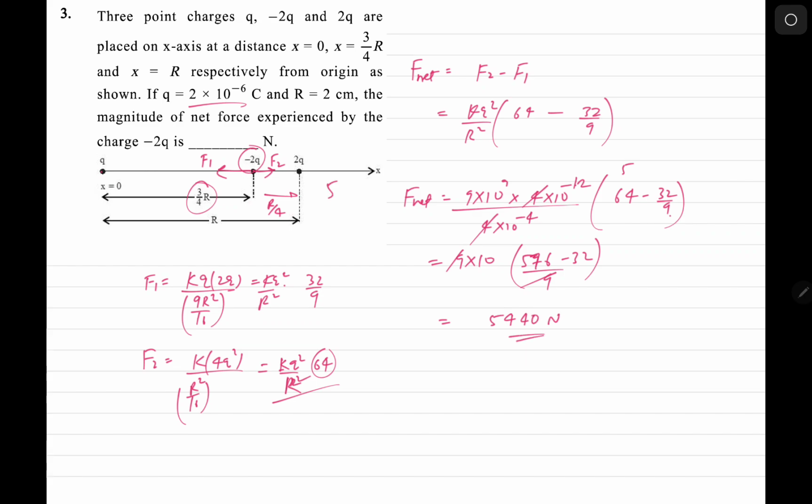So that's the answer. It is only calculation, the concept is straightforward. Only the calculation is taking time here, right? So 5440 Newton is the answer.